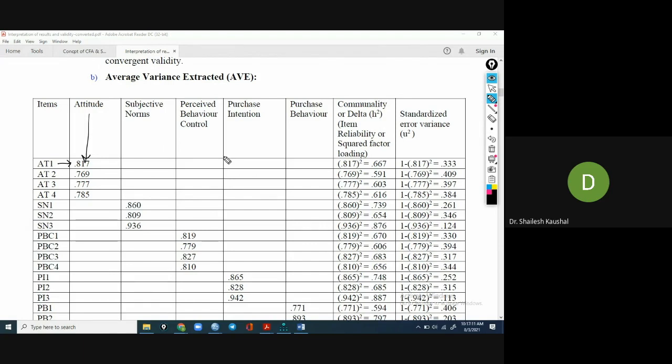For performing structural equation modeling or CFA, we need a congeneric model, meaning one variable should be highly related to only one construct and unrelated to the others. It's an assumption of CFA and SEM, so there is no relationship between this attitude 1 question and the subjective norm, perceived behavior control, purchase intention, and purchase behavior. So that's the concept of cross loading.